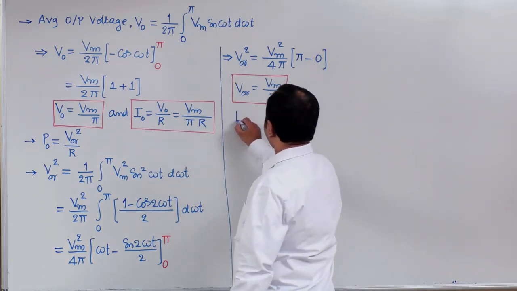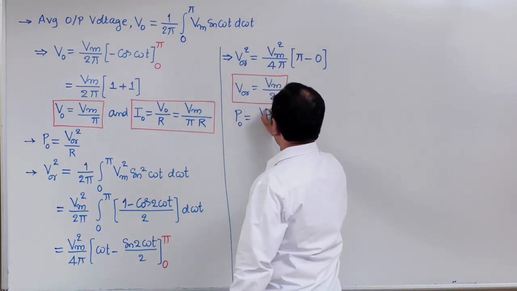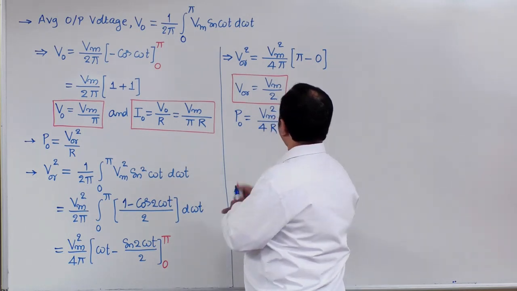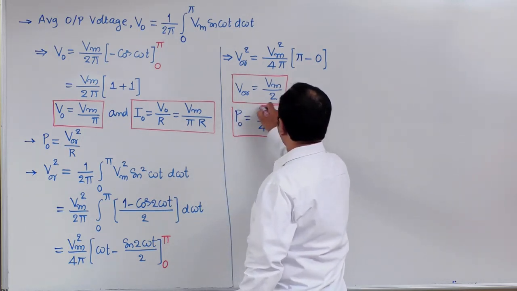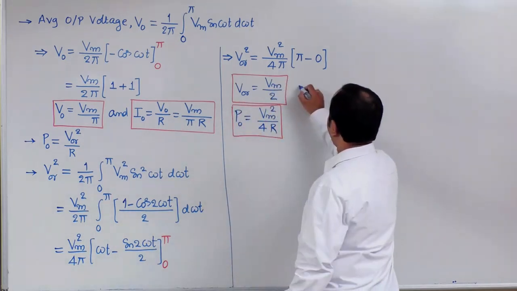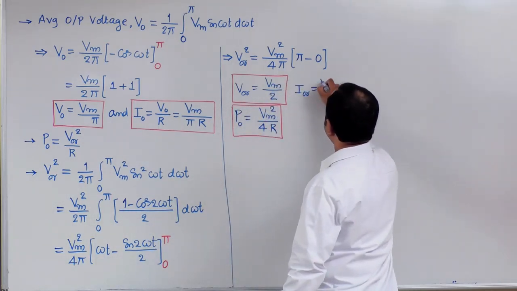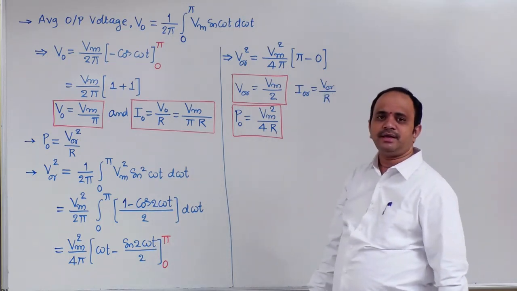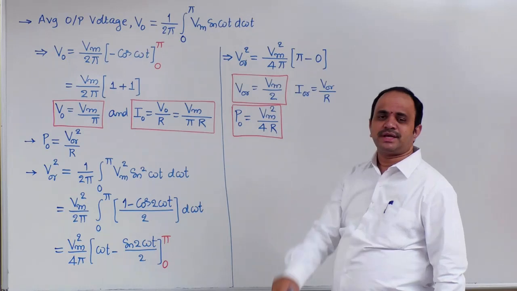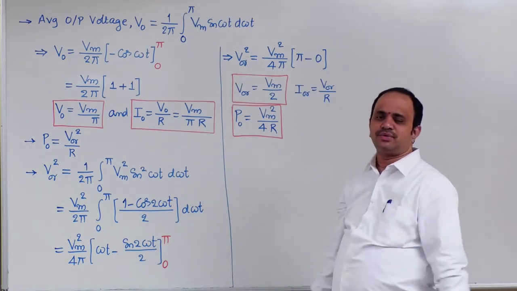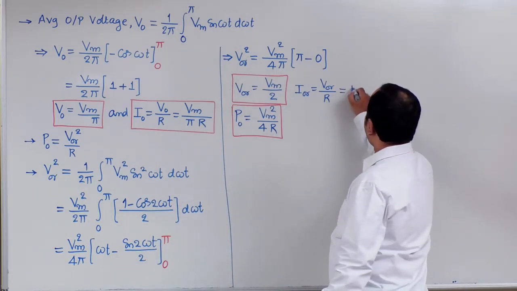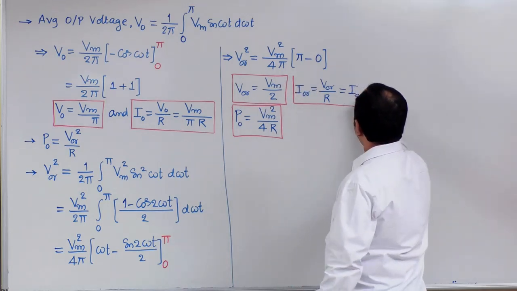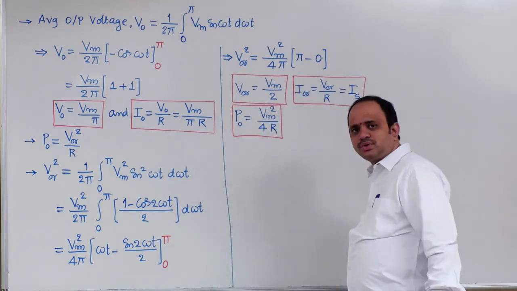Now the final expression for output power is Vm square by 4 divided by R, that is Vm square by 4R. And you can also write here RMS current is equal to RMS voltage divided by resistor. Now in this particular circuit, as it is a completely series circuit, you can also write that the RMS value of the output current will be the same as the RMS value of the source current.